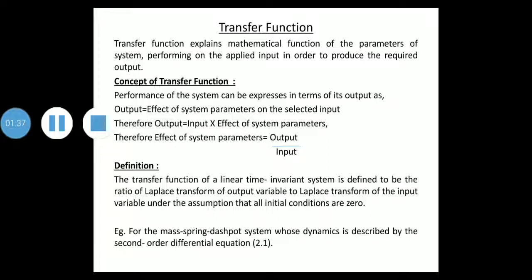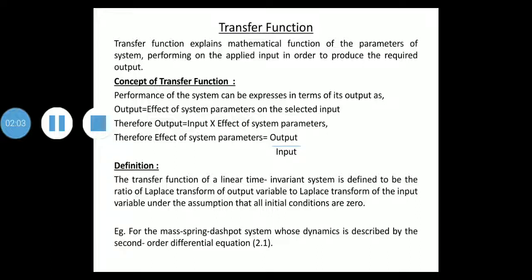So the performance of the system can be expressed in terms of its output as output equal to effect of system parameters on the selected input. Therefore we can write output is equal to input into effect of system parameter. Therefore effect of system parameters is equal to output by input.